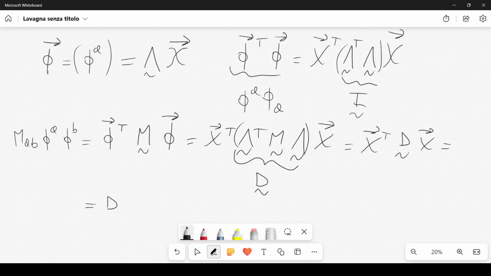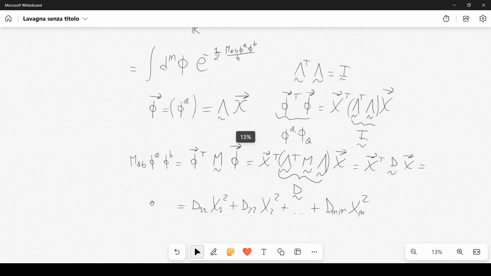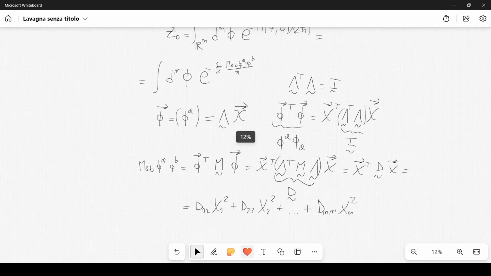We have the first eigenvalue, D_11 chi_1 squared plus D_22 chi_2 squared plus dot dot dot plus D_nn chi_n squared. So you can see that if we use this expansion of this term in the integral there, we will have products of Gaussian integrals. In particular, we can split.